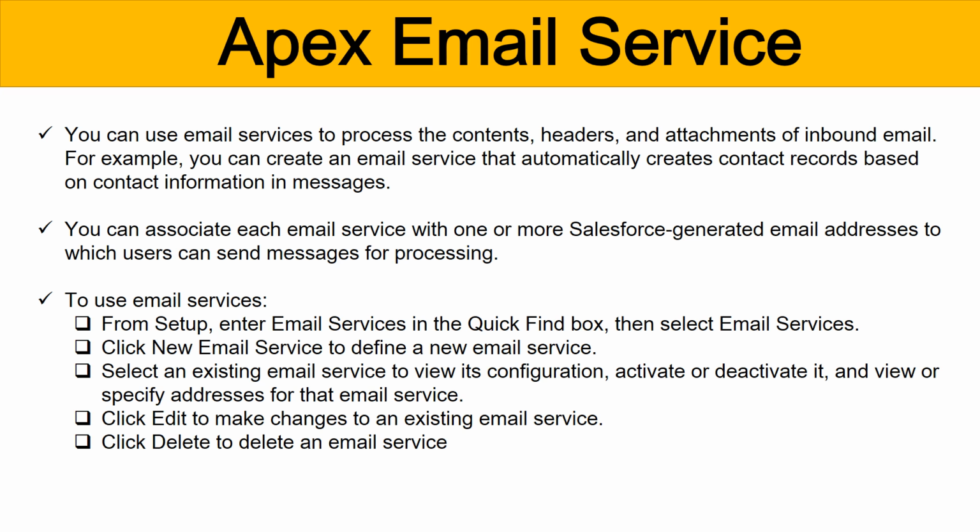Click New Email Service to define a new email service. Select an existing email service to view its configuration, activate or deactivate it, and view or specify addresses for that email service. Click Edit to make changes to an existing email service. Click Delete to delete an email service.